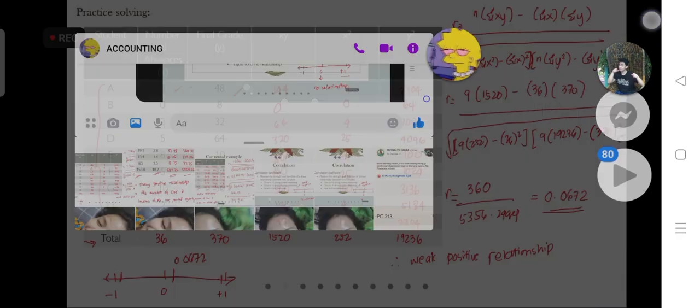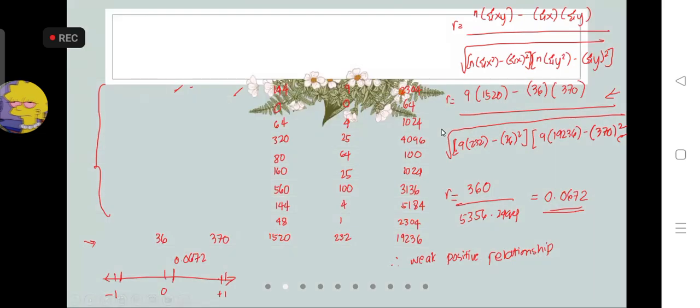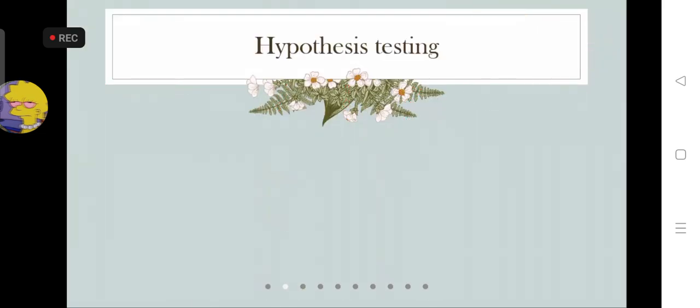Sige, proceed ta sa next part sa lesson, which is hypothesis testing. Okay.